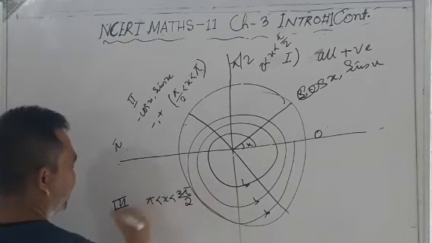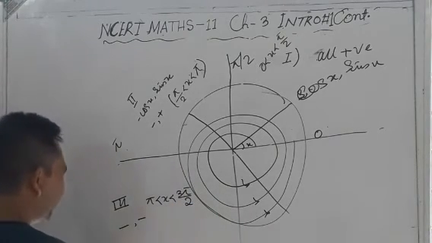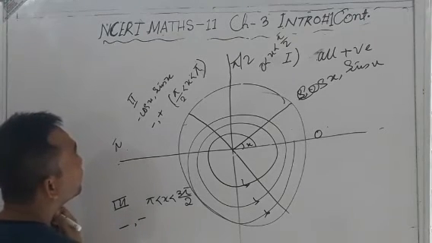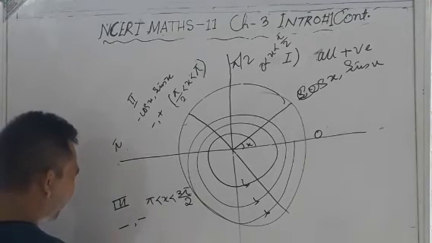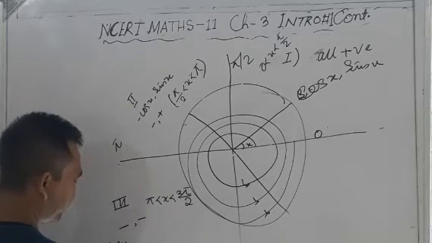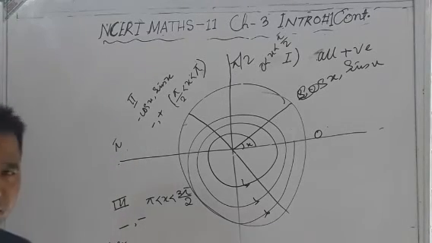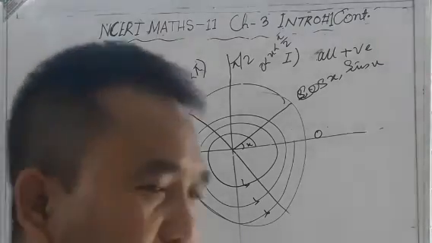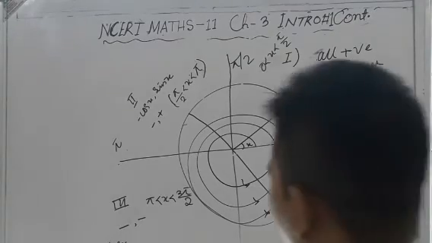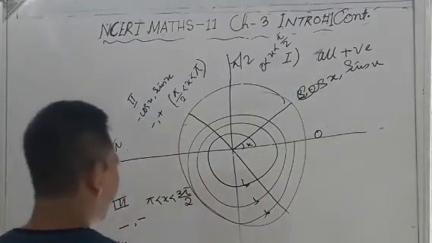That means here it will be minus cos x, except tan and cot. The rest of the trigonometric functions are negative. Correct?